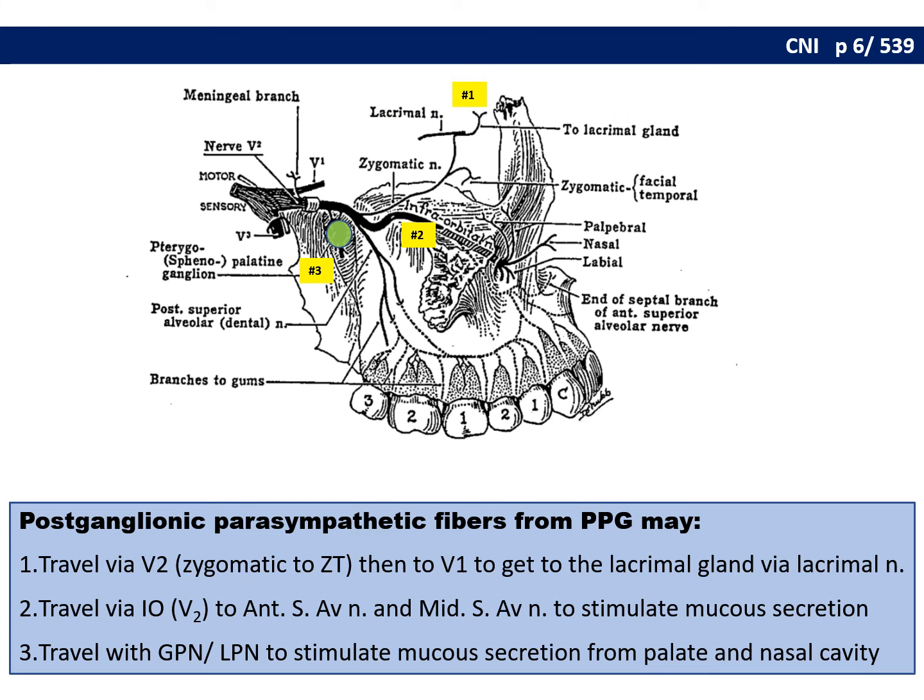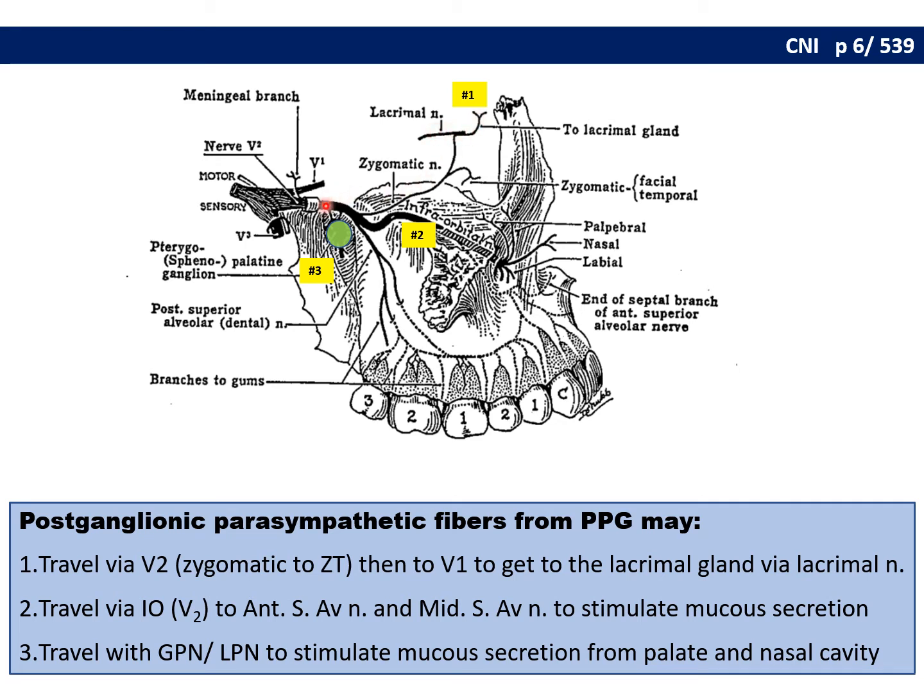So there are three potential pathways for parasympathetics from the facial nerve that go to the pterygopalatine ganglia. One is to hop on the zygomaticotemporal in order to hop on the lacrimal, which is V1, to get to the lacrimal gland.